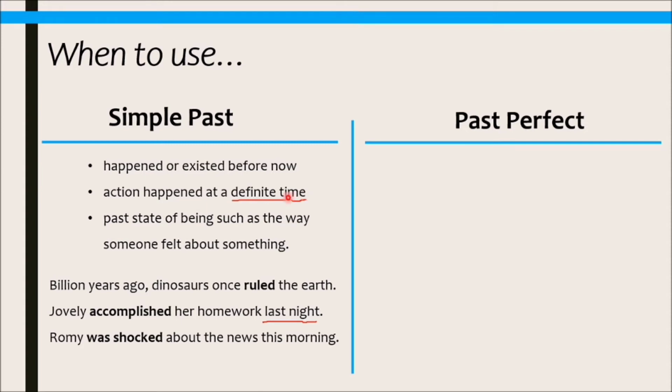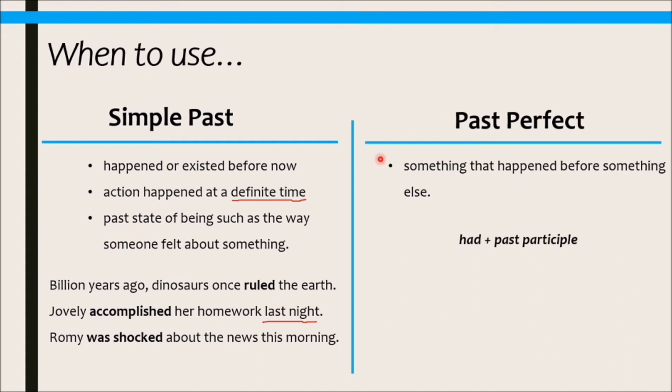Now let's proceed to our past perfect. It is something that happened before something else. Just like in your present perfect, past perfect also follows a particular pattern or structure. The helping verb had plus the past participle of the main verb. Here are our examples. Gabby had written an excuse letter before her sister went to school.